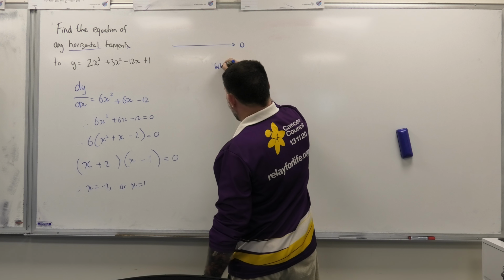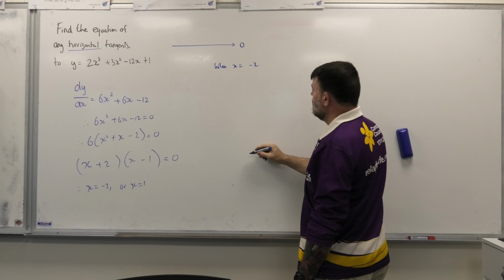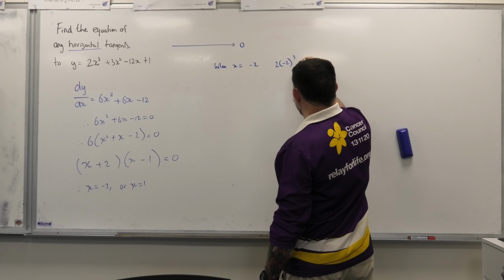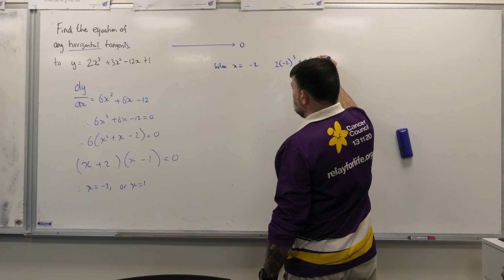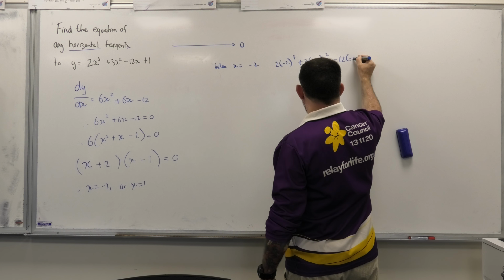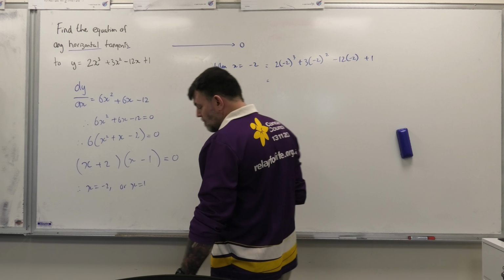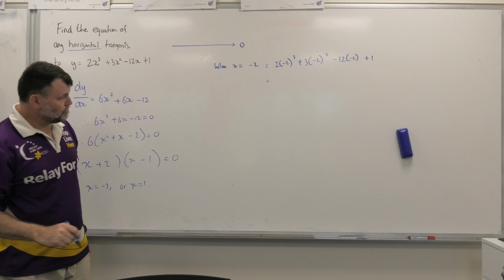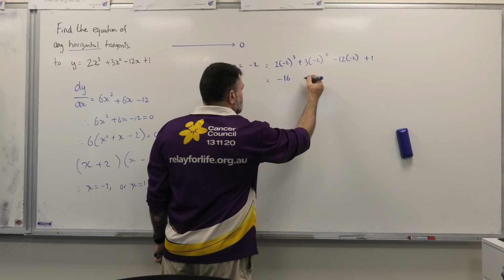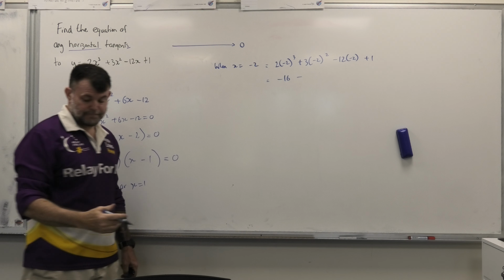So when x is equal to -2, we have 2 times -2 cubed plus 3 times -2 squared minus 12 times -2 plus 1. Now if we work all these out, we should get what? -16 plus 12, can you see it?